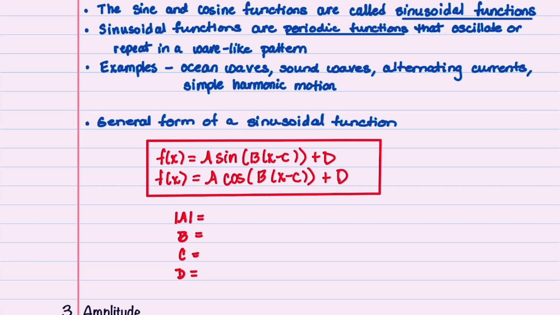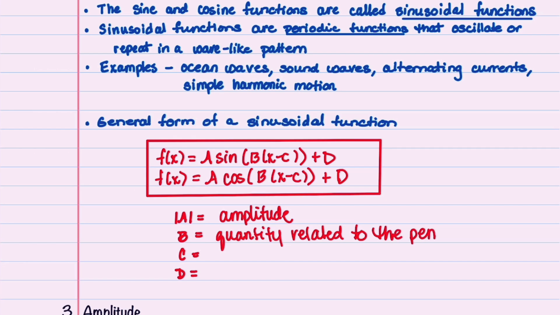The absolute value of a is our amplitude. b is a quantity related to the period. c is our phase shift.